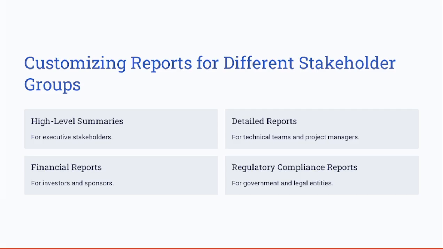A financial report can be shown to the investors and sponsors of the project. We also have a regulatory compliance report, which is used for government and legal entities. So depending on the type of stakeholder you are dealing with, you need to tailor your reports to meet their needs.